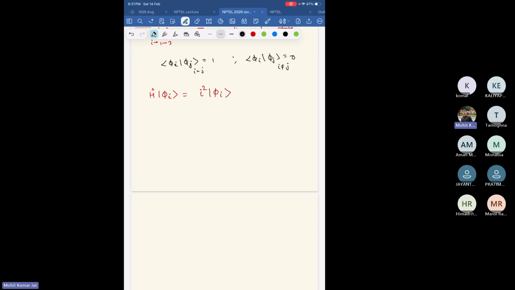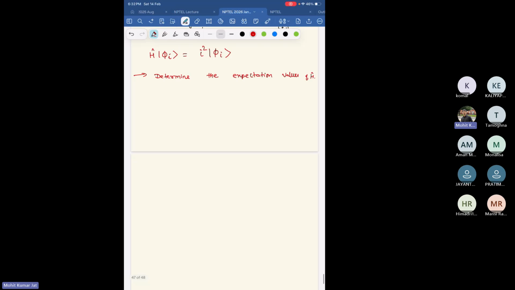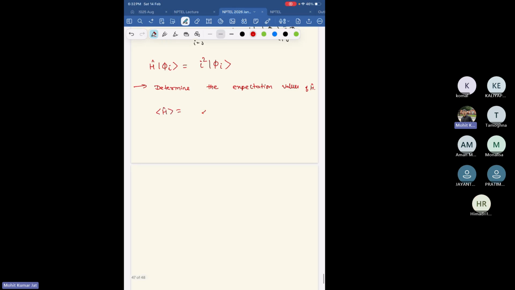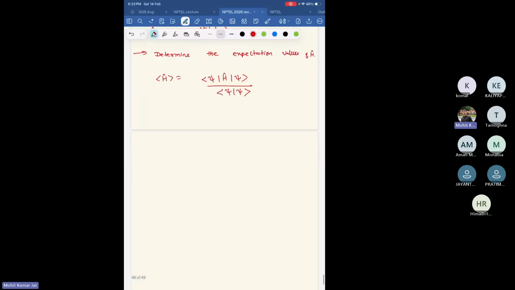Now comes the most critical part, which is to determine the expectation value of H. To determine the expectation value of an operator, let's say the expectation value of H is essentially <psi|H|psi> divided by the normalization <psi|psi>.